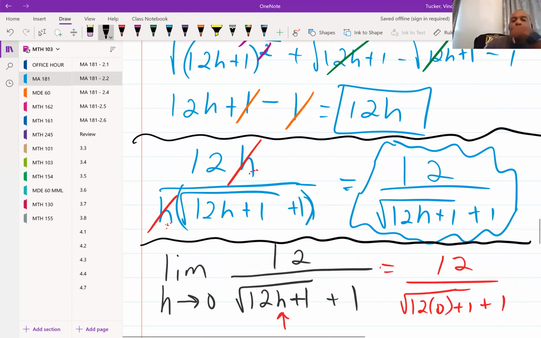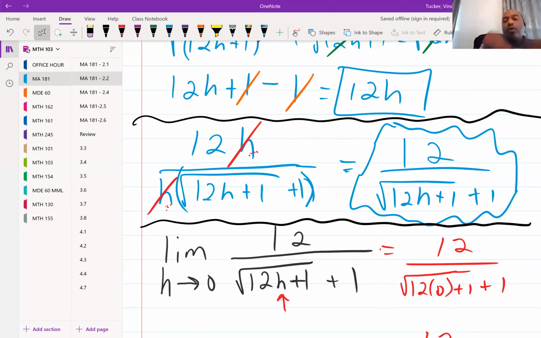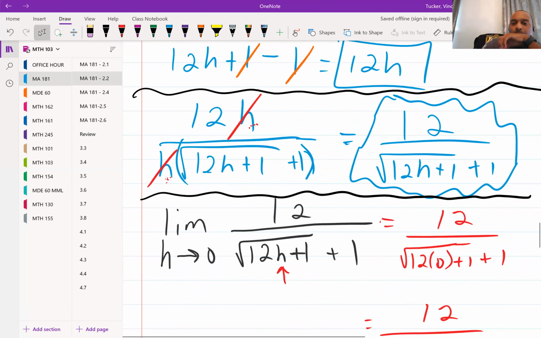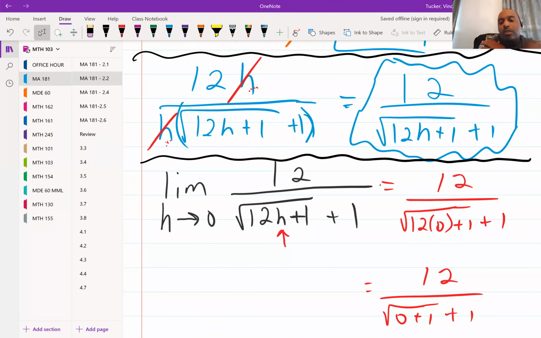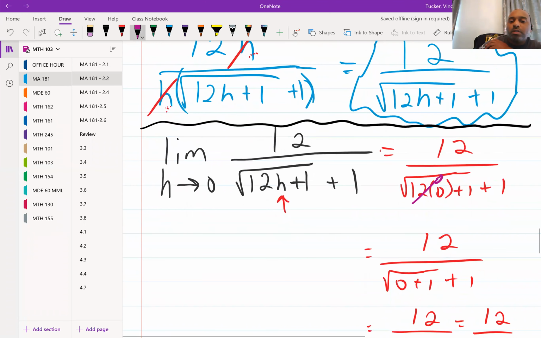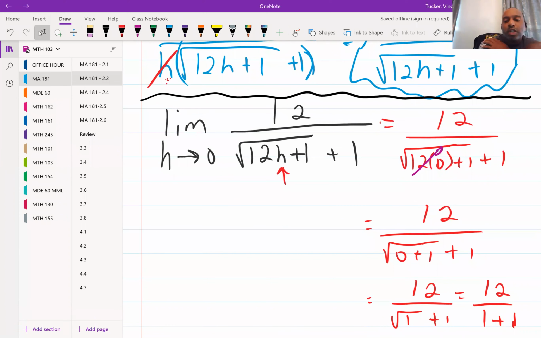All right. So now we evaluate 12 over the square root of 12h plus 1 as h goes to 0. So we go ahead and plug in 0 for h. Of course, 12 times 0 is 0, and so that's just the square root of 1 plus 1 in the denominator.